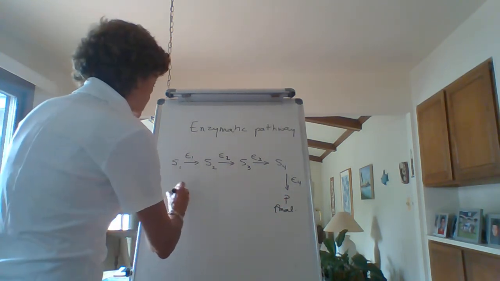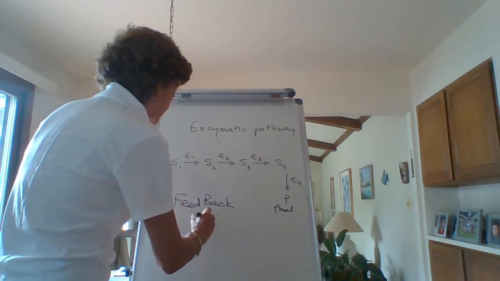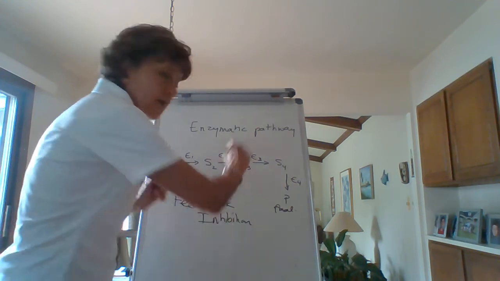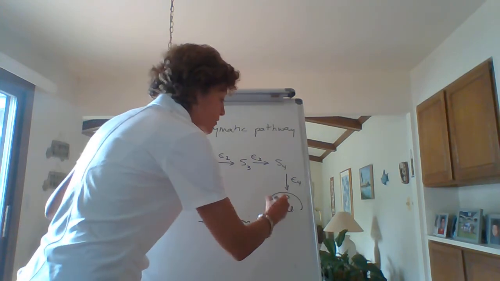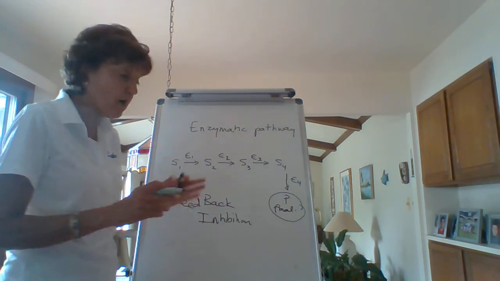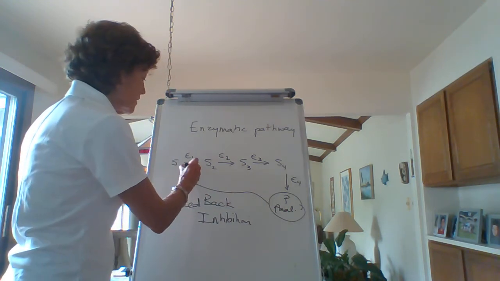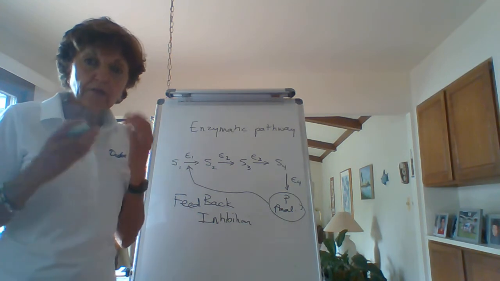Feedback inhibition occurs in an enzymatic pathway. With this, usually the final product comes back and inhibits the first enzyme of the pathway. Now think about this.